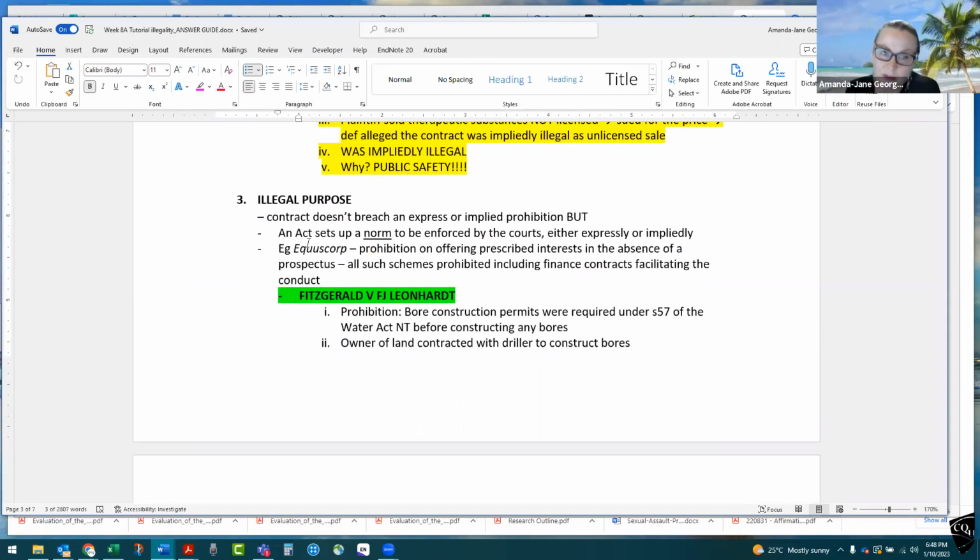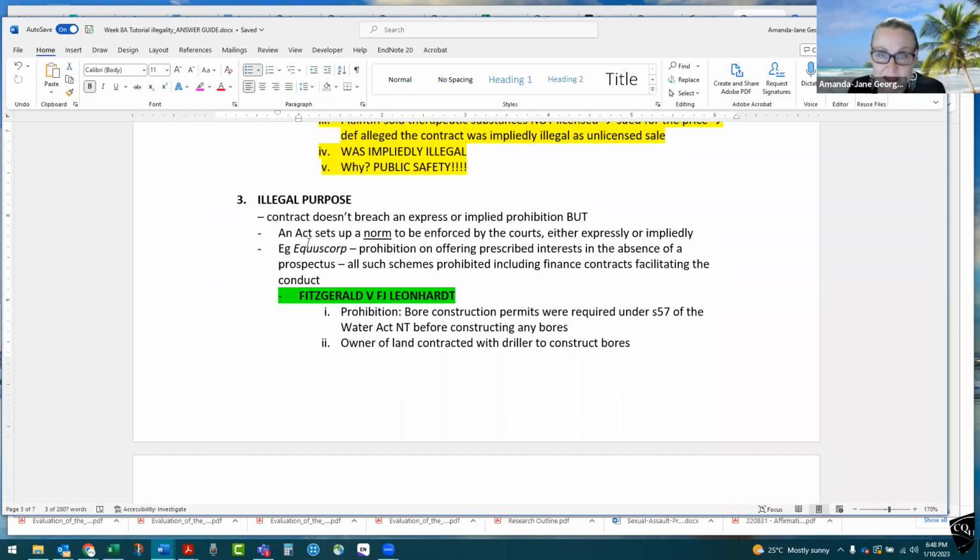Okay, and a legal purpose. What happens here is the statute doesn't say it's unlawful to enter an agreement for X. That would be express illegality, wouldn't it?